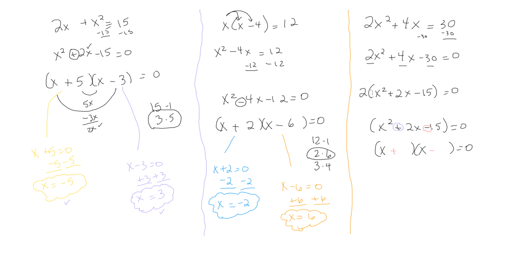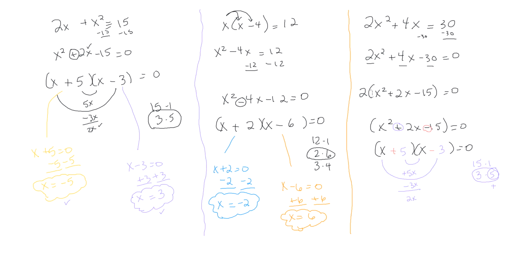So for 15, I have 15 times 1, 3 times 5. The difference is 2, and I need the difference to be a positive 2. So my larger number has to be positive. So I put the 5 by the plus, the 3 by the minus, and then I check my middles just in case. Minus 3x.